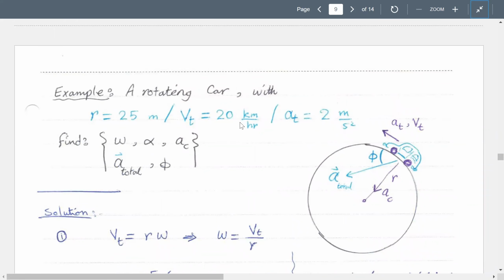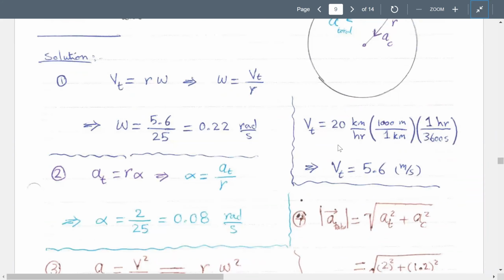Our velocity is in kilometers per hour. The acceleration is ready, meters per second squared, but we need to convert the velocity to meters per second. Again, 20 kilometers per hour, we need to convert from kilometer to meter, and from hour to seconds. This is the coefficient of conversion from kilometer to meter.